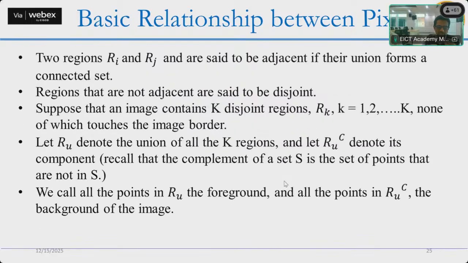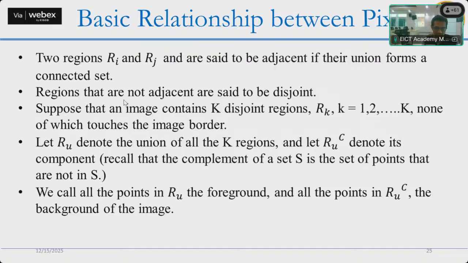Two regions R subscript i and R subscript j are said to be adjacent if their union forms a connected set. For example, when we take Ri and Rj together, they are said to be adjacent if they also form a connected set.